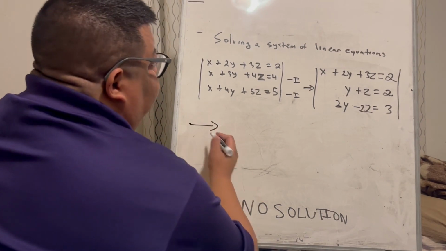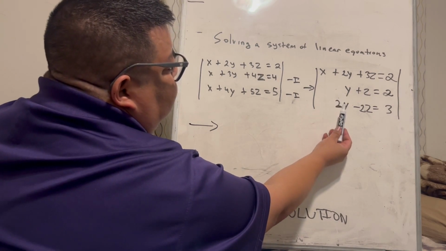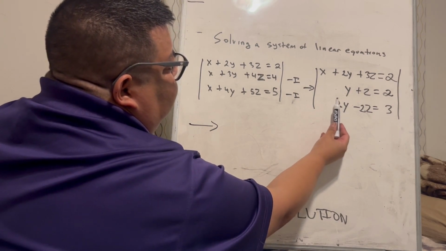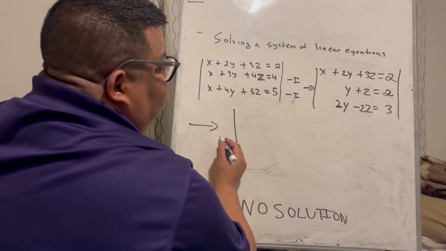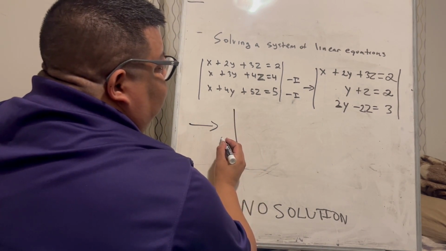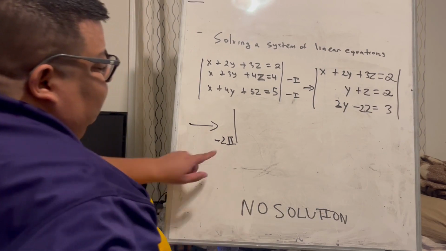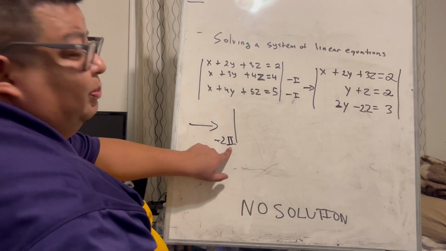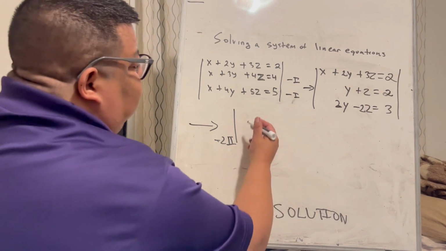Okay, the next step. I want to get rid of the y. So what I'm going to do is multiply the second row by -2. So -2 times Roman numeral II, which represents the second row, and then I'm going to add it to the third one.